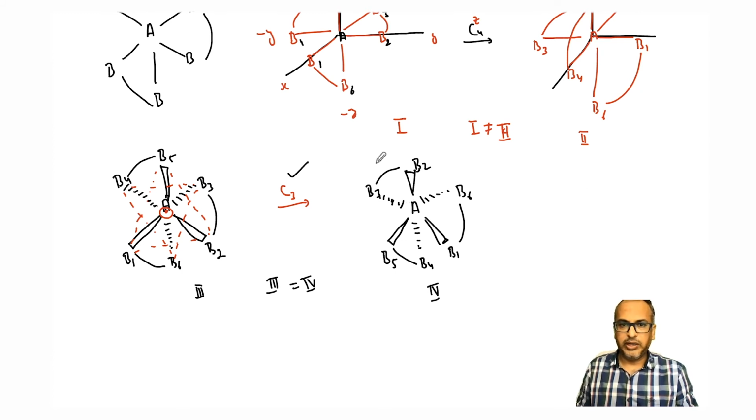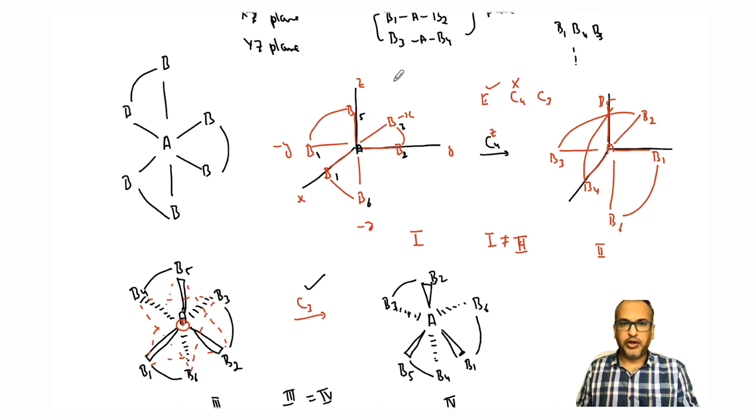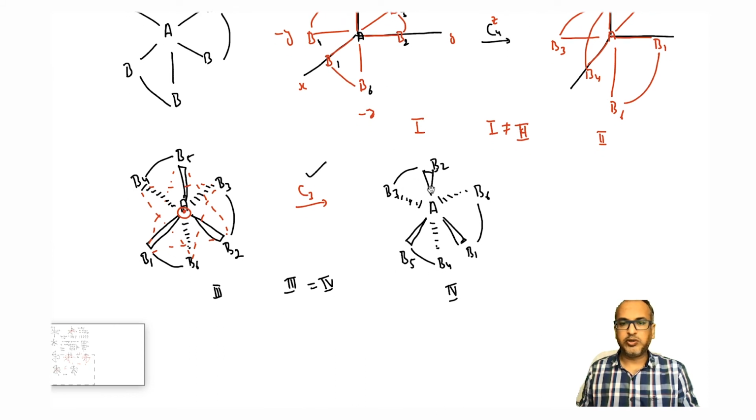So how do I assign this molecule? That would mean that this is not a correct representation of the molecule along the coordinate axis. So this is not the correct way. Okay, so what is the correct way then? The correct way would be to draw this molecule so that my z-axis is along the C3 axis.